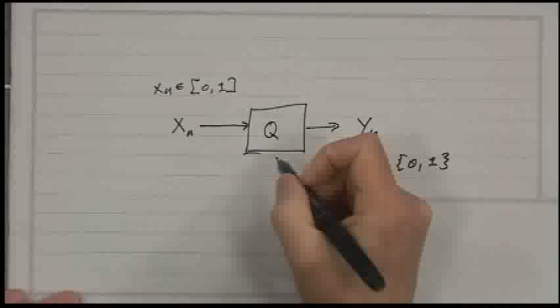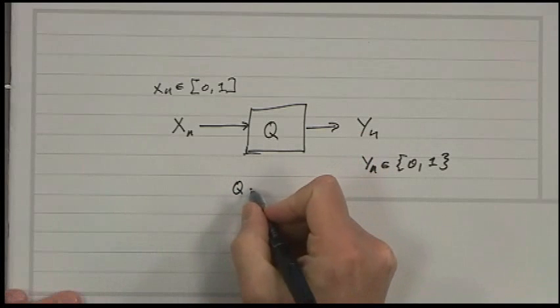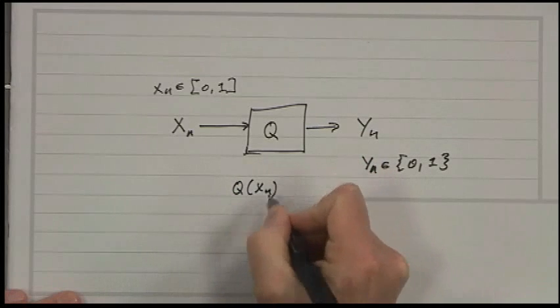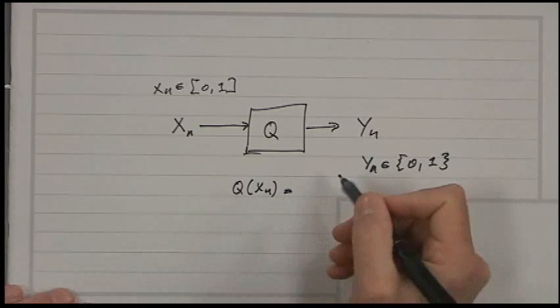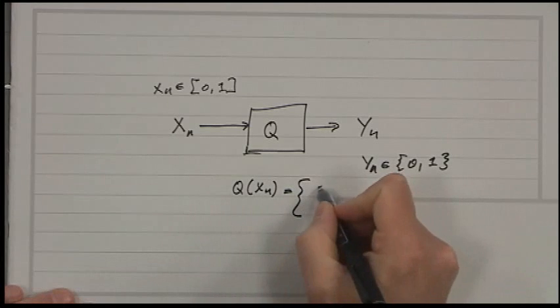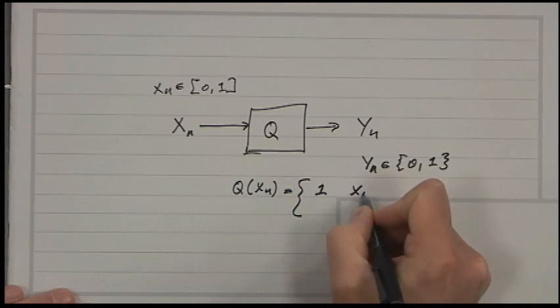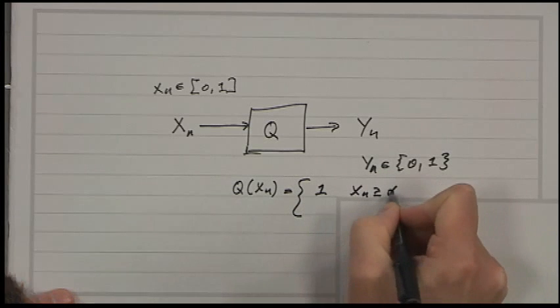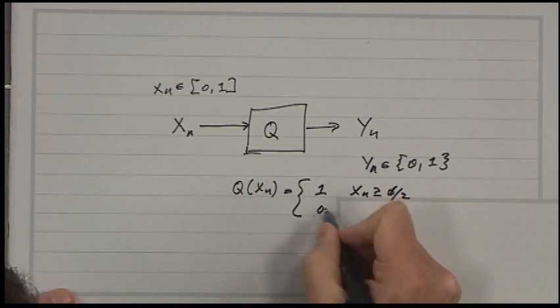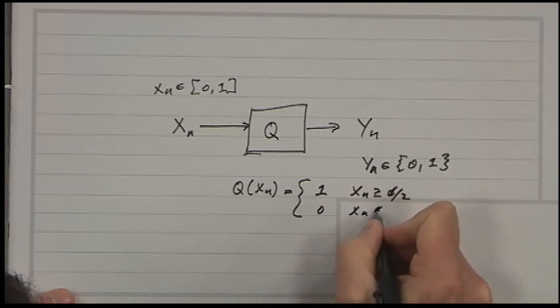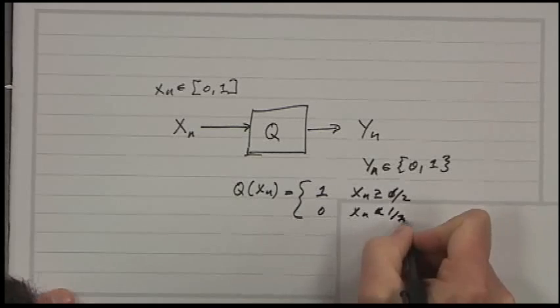It would seem pretty logical to say that Q of x of n is 1 if x of n is greater than or equal to 1/2, and 0 if x of n is less than 1/2, right?